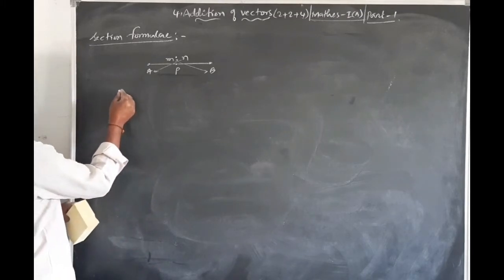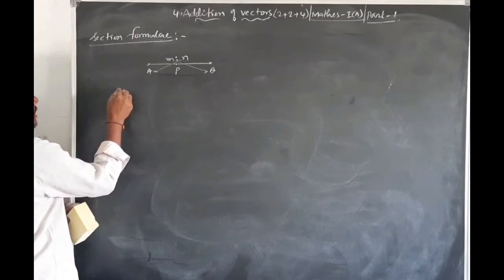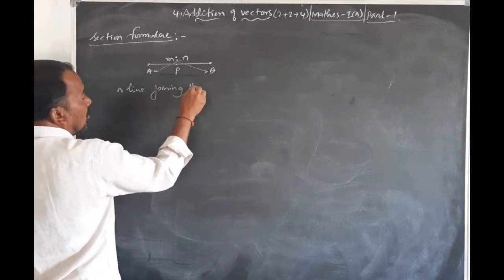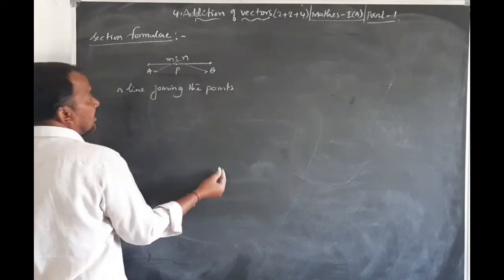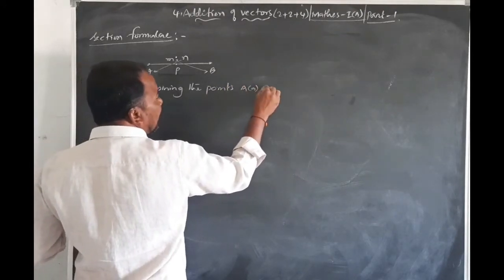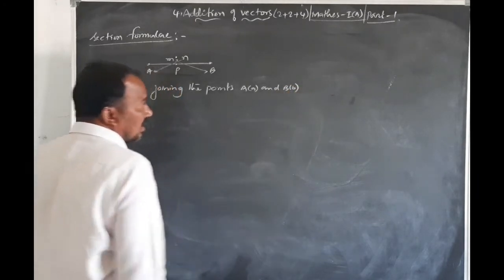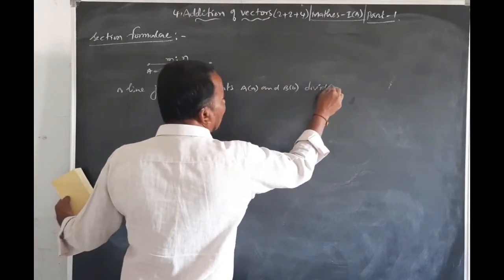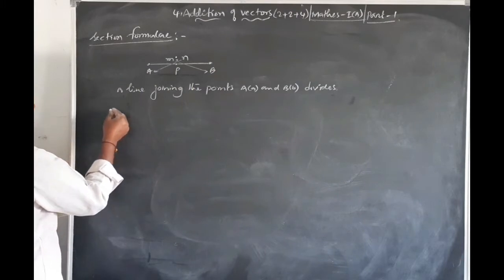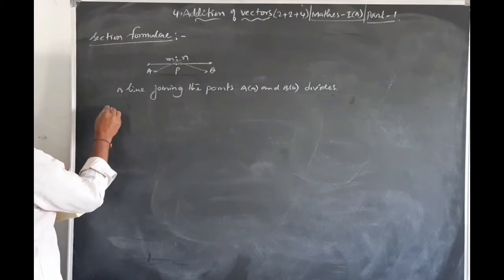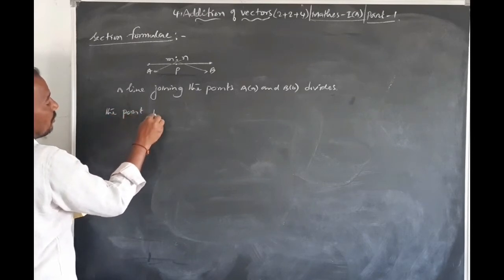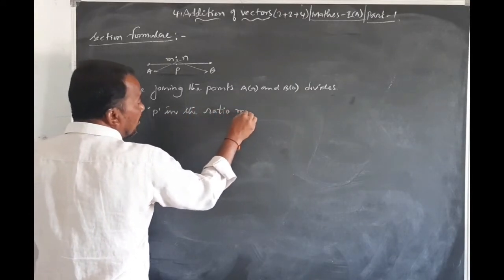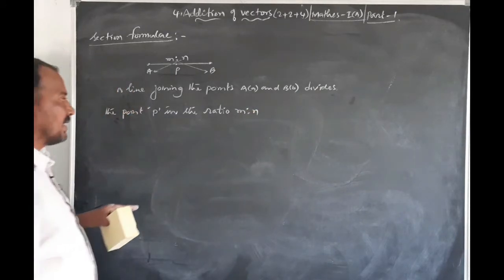Once again, let a line joining the points A of a and B of b divide the point P in the ratio m is to n.